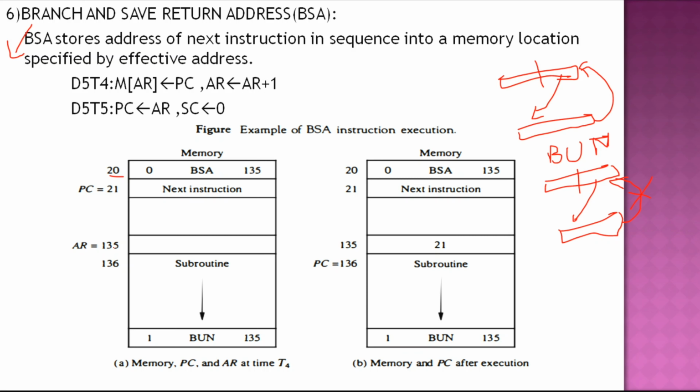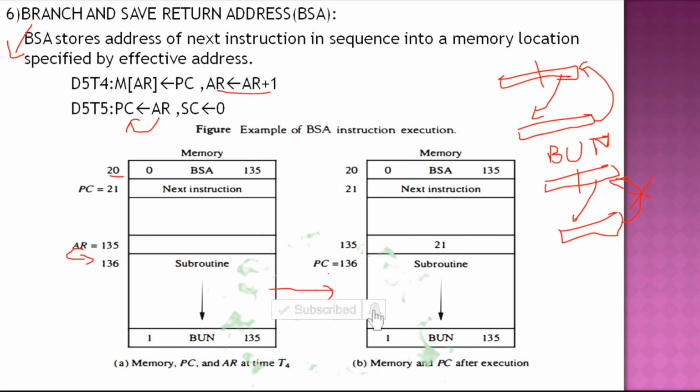At 135 we have the address. So here the address will be incremented by 1, and when it is incremented by 1, it becomes 136. After incrementing the address, we will transfer the address to the program counter.